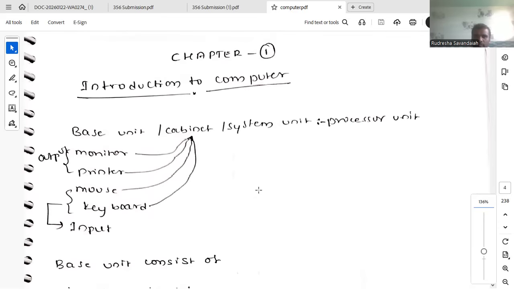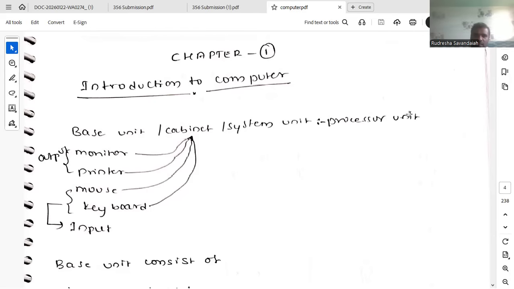Chapter 1. See here, the computer: the base unit and cabinet, system unit and processor unit. The main components of the computer: the first one, a monitor, printer, mouse, keyboard, and input. There are output and input devices. When you look at the computer, first you look at the monitor, then the printer, then the keyboard, and then the mouse.